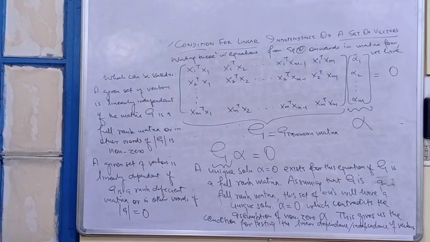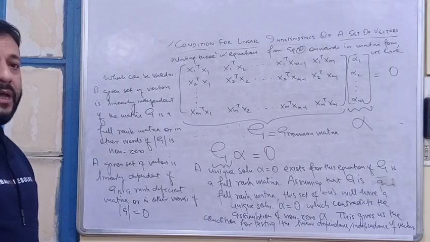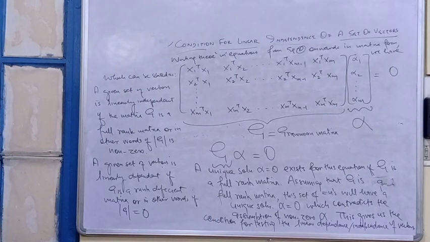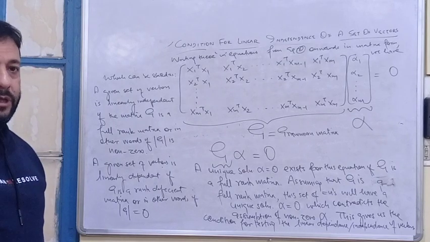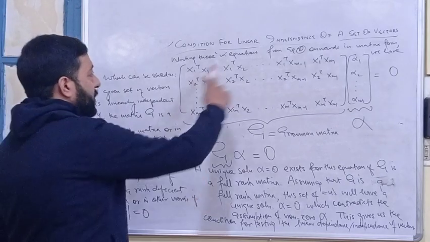Matrix G is known as a Gramian matrix. So if somebody asks you, you are given a set of vectors, और आपको बता रहे कि इसका ग्रामियन बताओ क्या होगा, तो आपको ये मैट्रिक्स बनाना है.